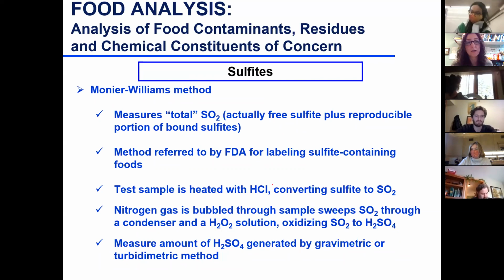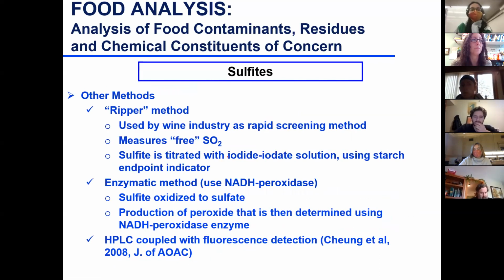So remember this principle, easy. Heat with HCl, produce SO2, react SO2 with H2O2, produce sulfuric acid, and then you measure by turbidity or by measuring the weight gravimetrically.